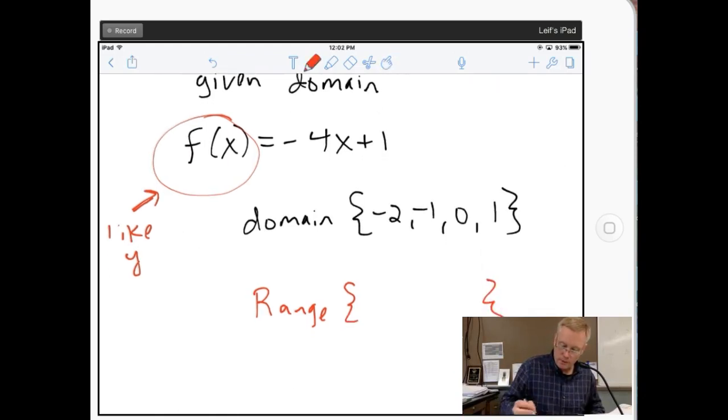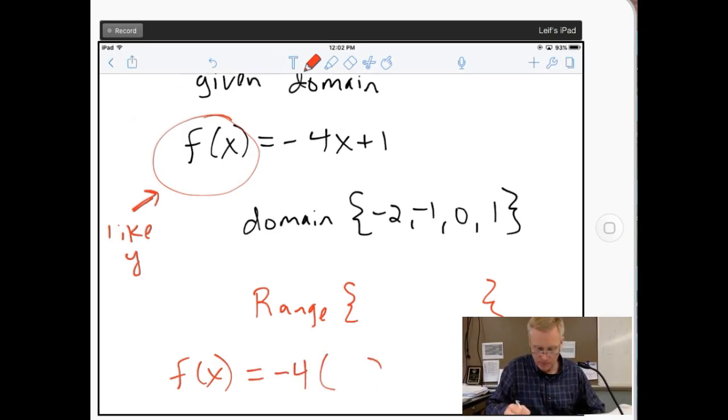Thinking back on what the domain and the range are, remember the domain is the x values and the range is the y. So they're telling me that these are the values for x right here. So if I substitute those in one at a time into the function, I'll get the range.